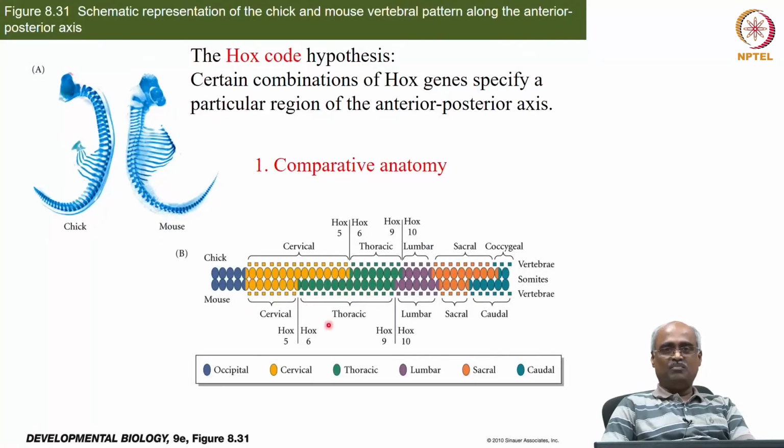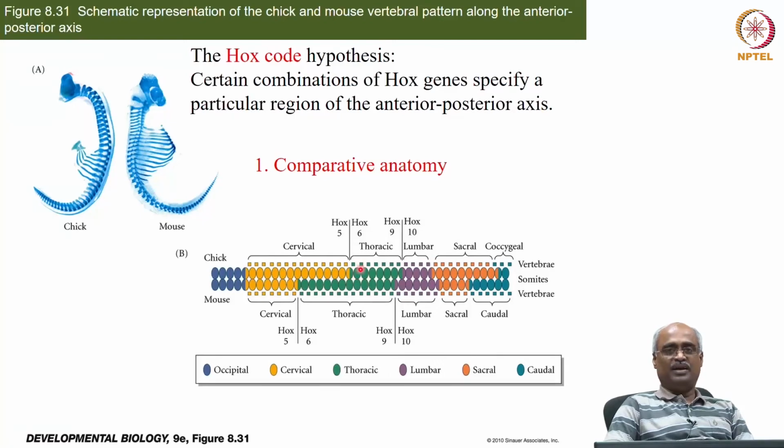Now another important point I wanted to mention before going ahead is that a given segment's identity seems to be determined by the posterior most gene that is expressed here. For example, the posterior most gene expressed here is Hox 6, and that is what determines whether it is going to become thoracic or cervical. This results primarily because the anterior gene's expression is restricted by the posterior gene expression.